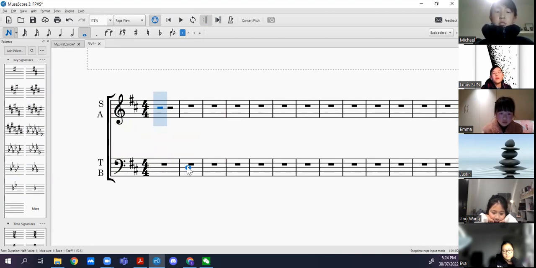So write the bass first. The bass should be easy since it sings the root of chord 5 and the root of chord 1. So write the bass down first.